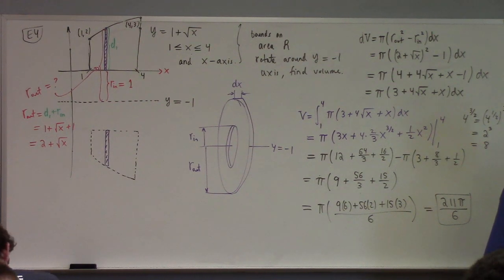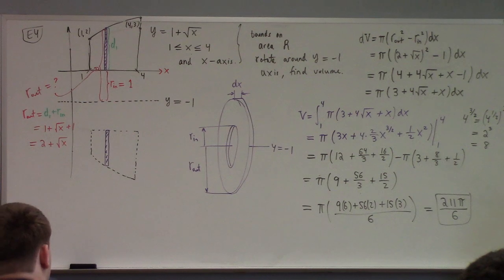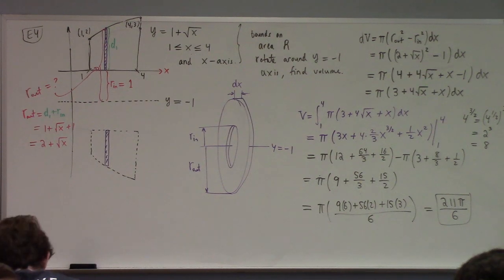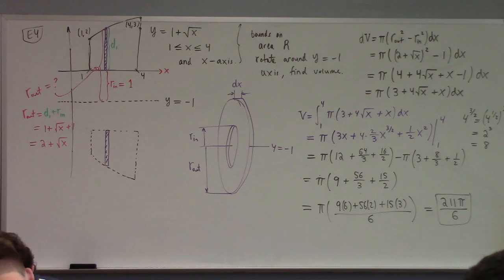Those are basically my 4 bounding curves, right? And now I'm suggesting we go over here to, let's say, x equals 5, and rotate it around that axis. What's that look like?